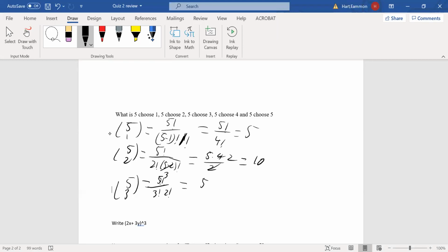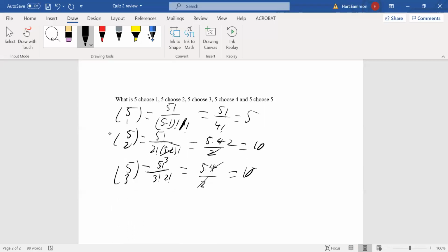This time the 2 factorial comes from 5 minus 3, and the 3 comes from this right here. 5 times 4 divided by 2, 10. Cool. And 5 choose 4 is equal to 5. 5 choose 5 is going to be equal to 1.